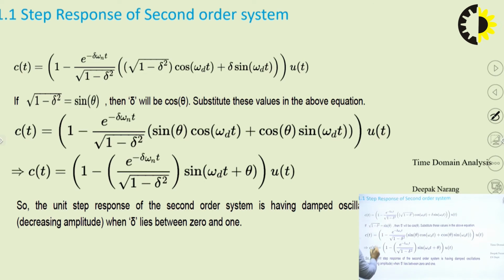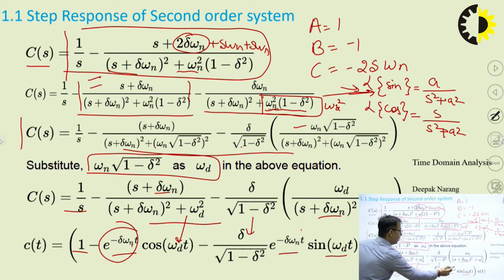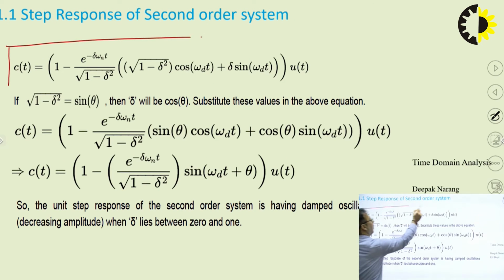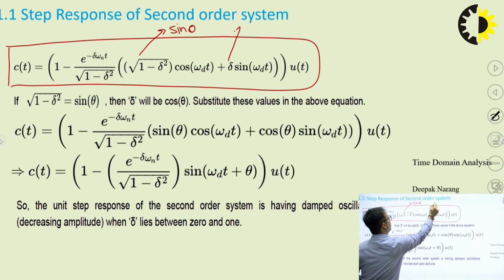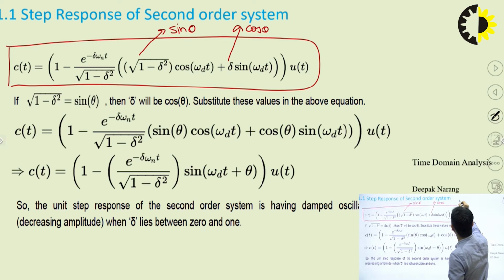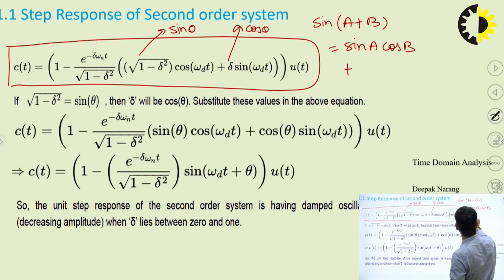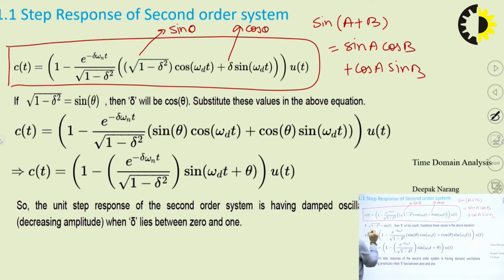After taking this value and this value common from this equation, we can write our equation as this. Now, if we consider this part as sin theta and this part as cos theta, it makes the formula of sin(A plus B), which is sin A cos B plus cos A sin B. So we are doing the same, considering this part as sin theta and delta as cos theta.